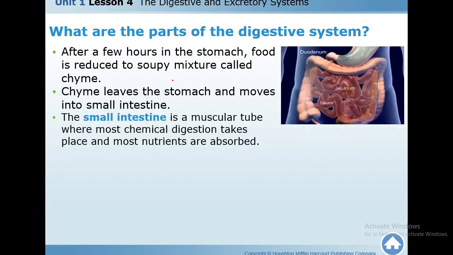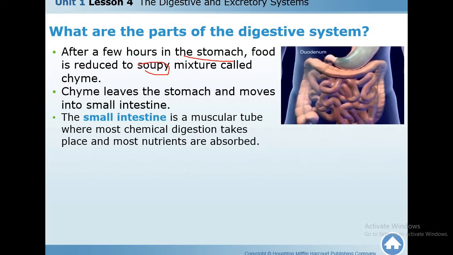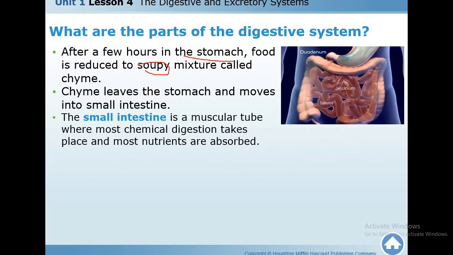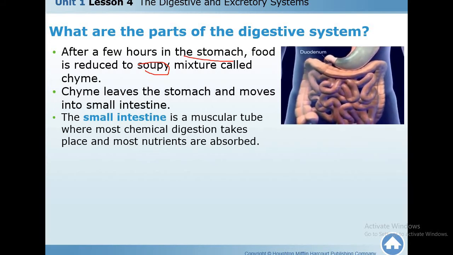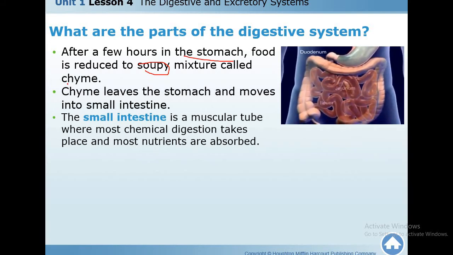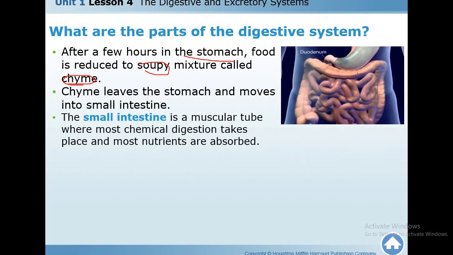After a few hours in the stomach, food is reduced to a soupy mixture. After the stomach muscles mix the food, it turns into a soup-like fluid called chyme. Chyme leaves the stomach and moves into the small intestine.